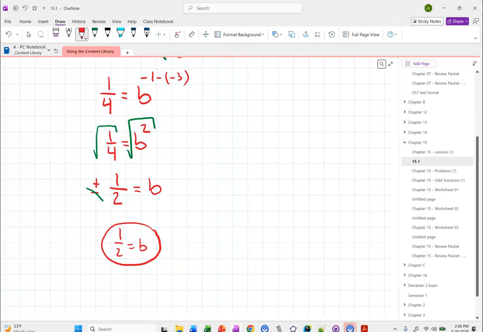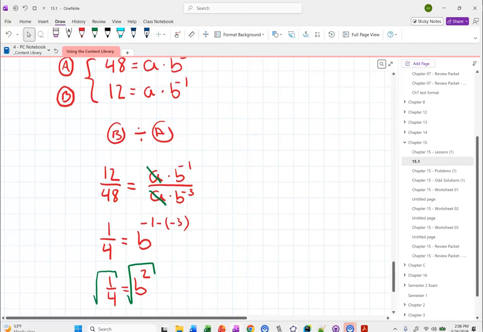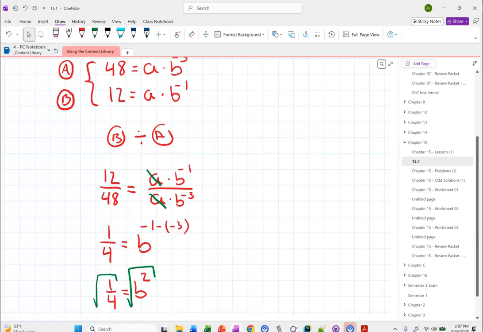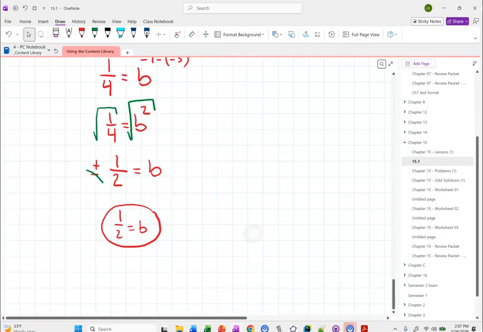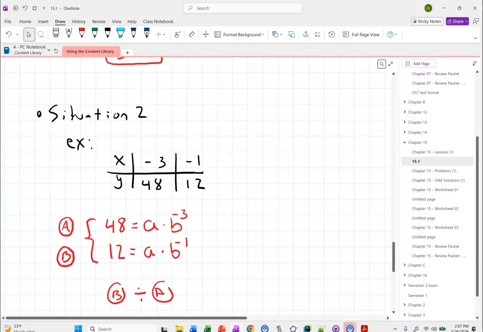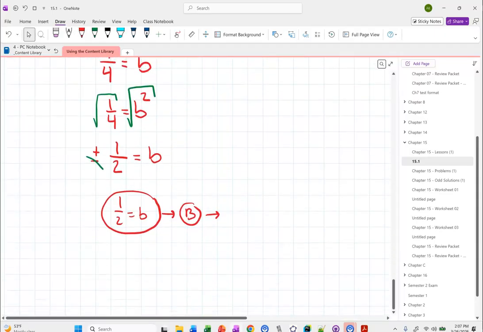Now that we have this, we can find the a. So we can take either equation A or equation B and plug in our value for b and solve. I'm going to choose to use equation B because the exponent on B is closer to 0. Is that 12? Okay.